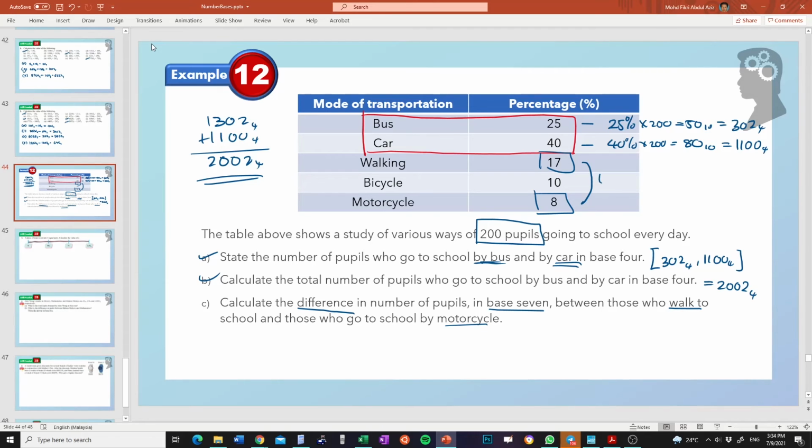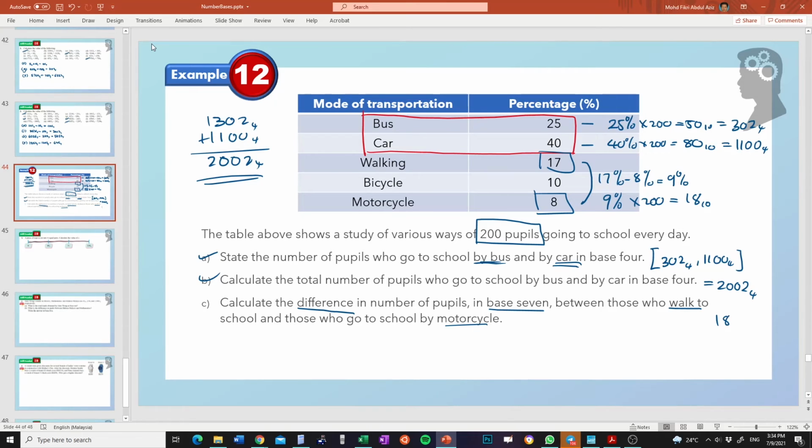So 17% minus 8% is basically 9%. So 9% times 200, that is berapa? 18. Yalah, 18, betul? 18 base 10. So you want to find the difference in base 7.